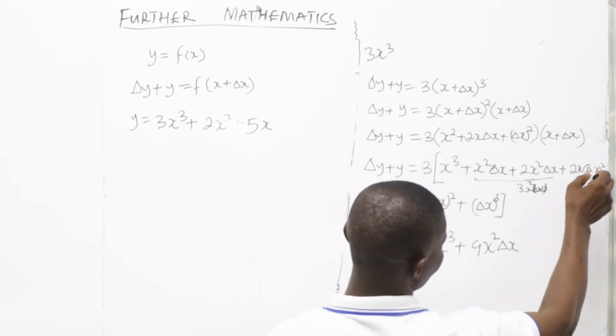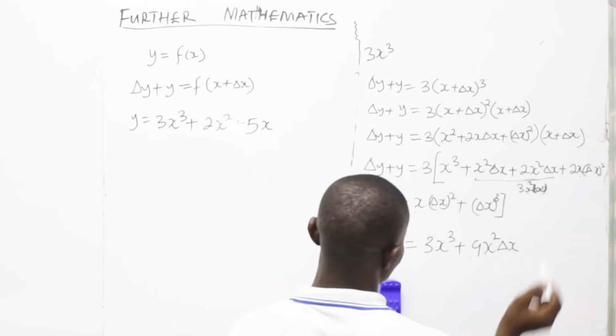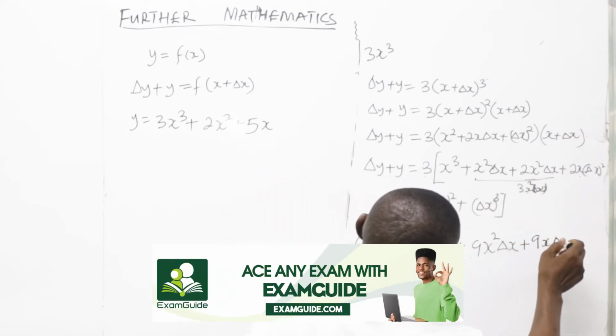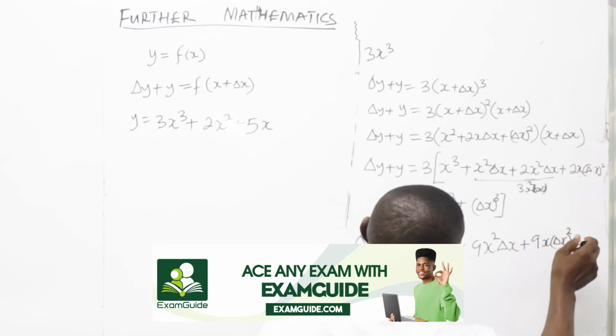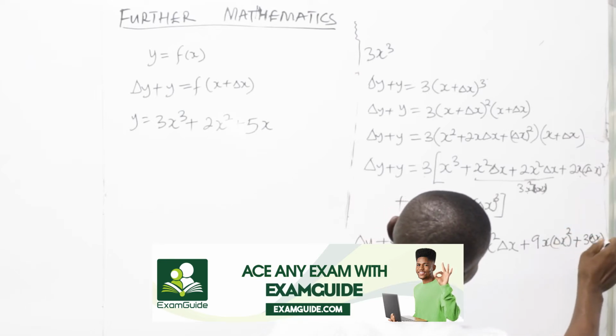The same here, 2x change in x all squared plus x change in x all squared is 3x change in x all squared, then times 3. That is 9x change in x all squared plus 3 change in x all cubed.